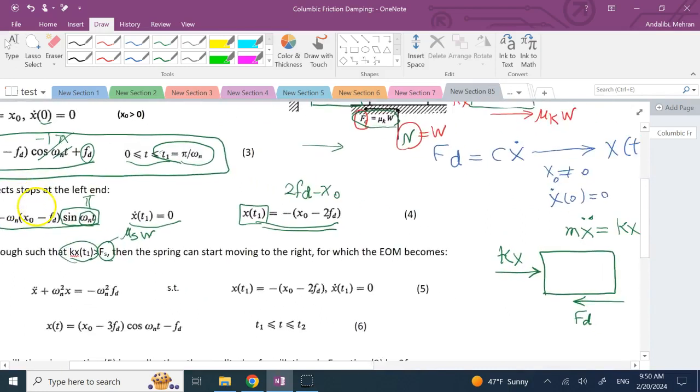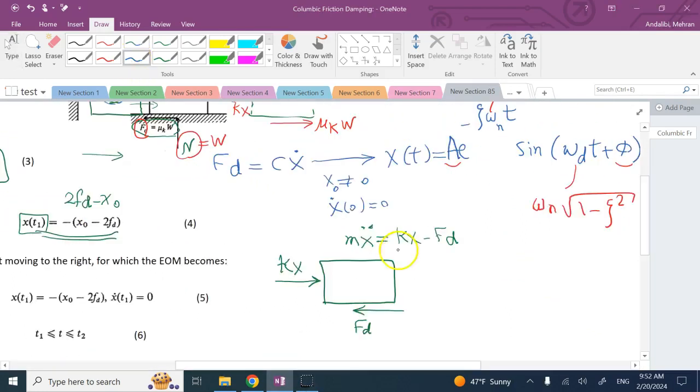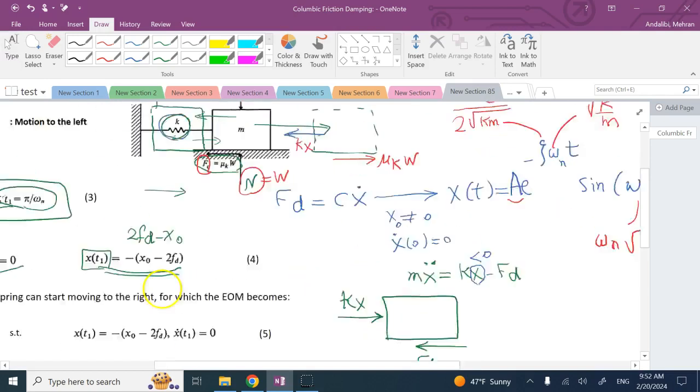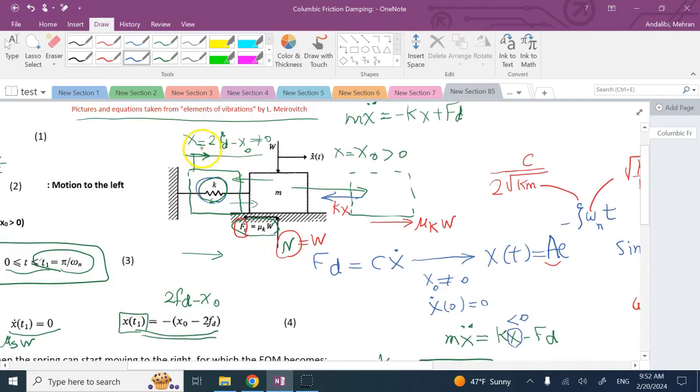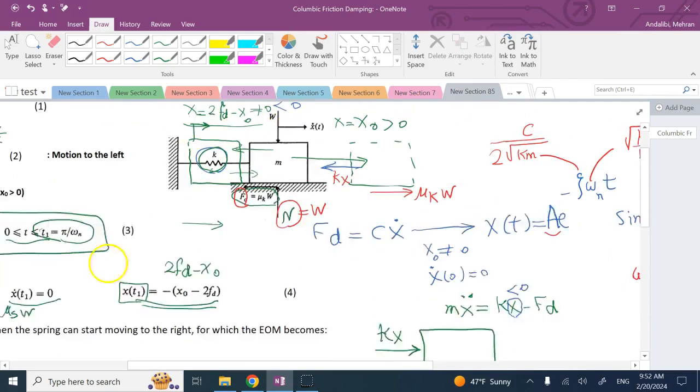Right? And you might say, oh, what comes here? Is the spring helping the vibrations? No. In this case, remember your x is to the left side of the equilibrium. So this x is negative really. Okay, you are now to the left side of the equilibrium. This x here is negative. This other amplitude.